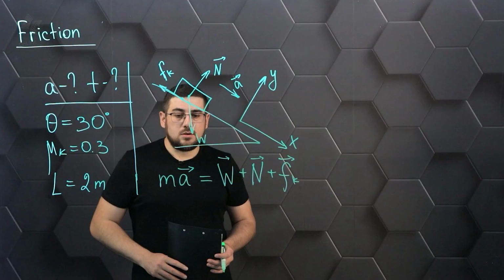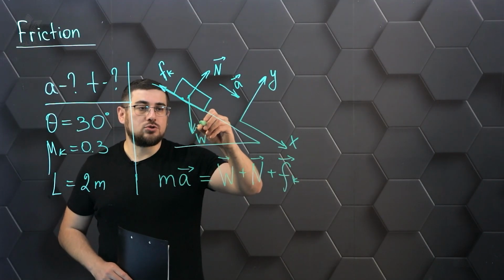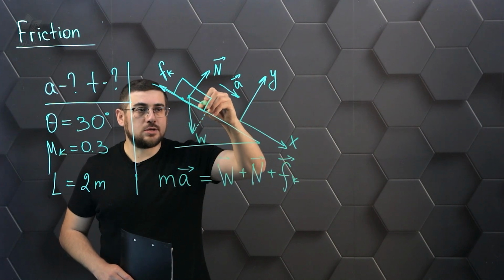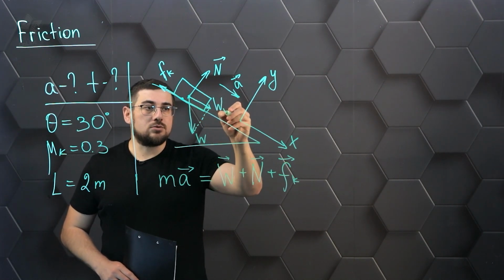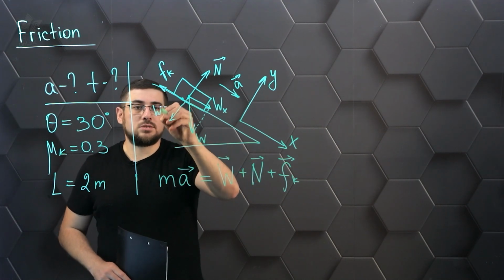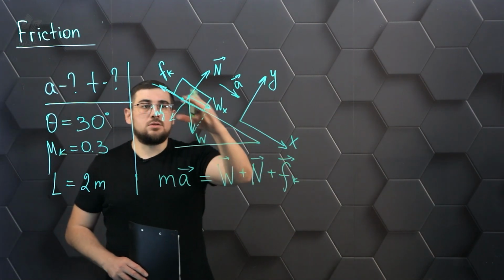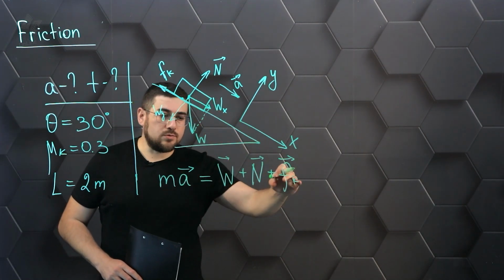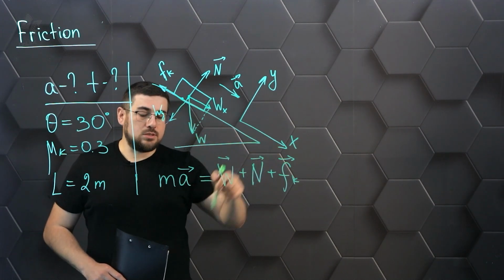For this purpose, we use certain relations, considering the fact that we can calculate the component of gravity acting along x and the component acting along the y axis. And given these forces, let's rewrite this equation in projection on the respective axis, which is obtained along the x-axis.